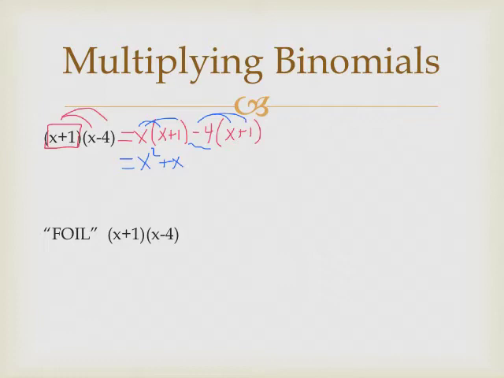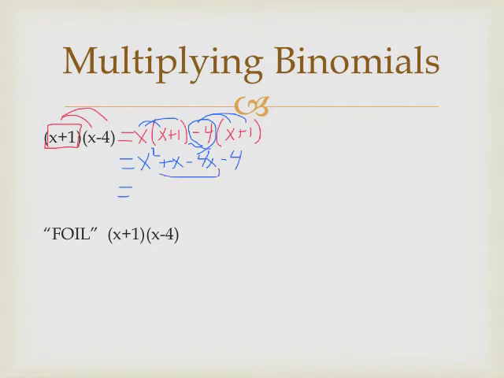I think it's kind of a lot to keep track of. But you won't have to worry about it if you just carry the negative with the 4 all the time. So I have negative 4 times x is minus 4x. And then negative 4 times 1 is minus 4. Okay? And then I don't have to worry about parentheses. I don't have to worry about being very careful. So whenever you have that negative, just distribute the negative with it. And everything's going to be just fine.